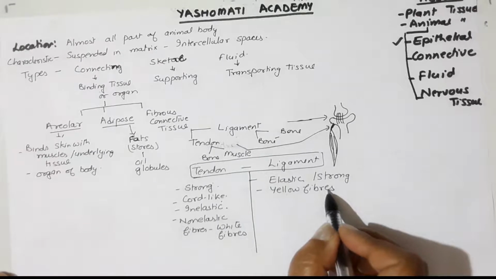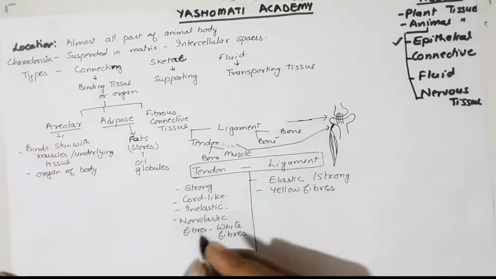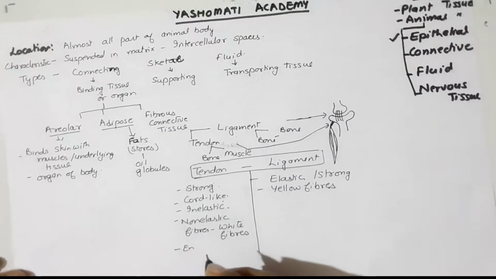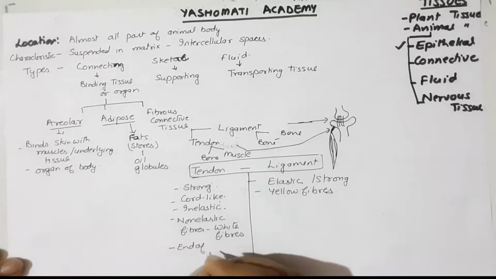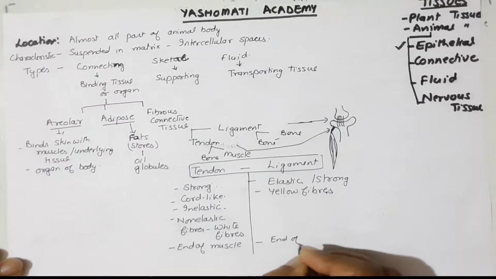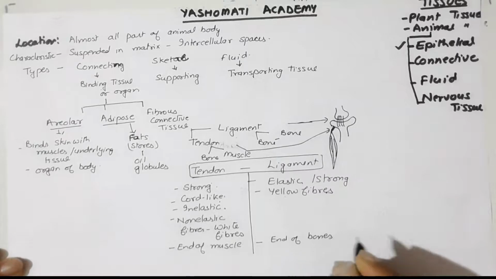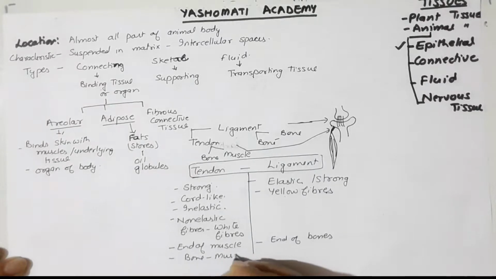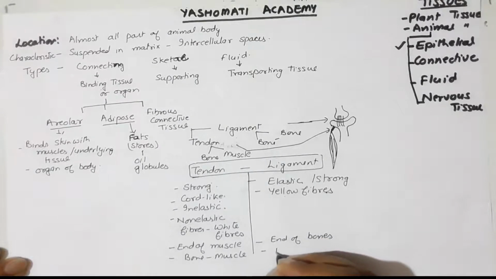Tendons are present at the end of muscles, whereas ligaments are present at the end of bones. And of course, we have discussed that tendons join bone to muscle, whereas ligaments join bone to bone.